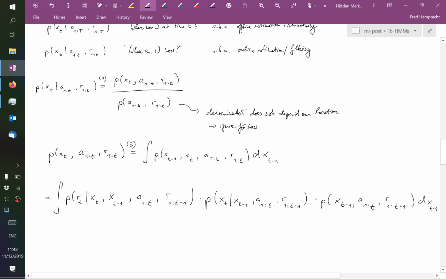Okay, so what have I done? I have taken this joint probability here, and I've pulled out one of them and conditioned on the others, and then I need the joint of the others, and the joint of the others I have factorized again in x_t given those, and then times the probability of those.